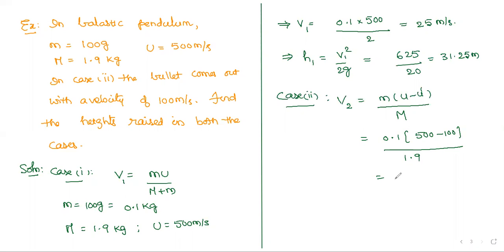This is 400 divided by 1.9, which is 4 by 19.